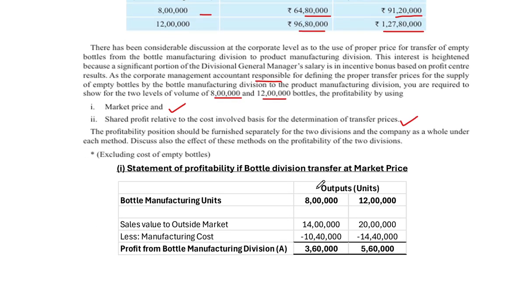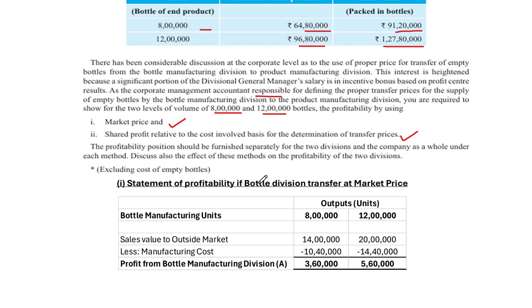Let's start the solution. First, assume that the bottle division transfers bottles at market price. Now, let's calculate their profit. For 8 lakh bottles, the sales value in the outside market is 14 lakhs and the manufacturing cost is 10 lakh 40,000.